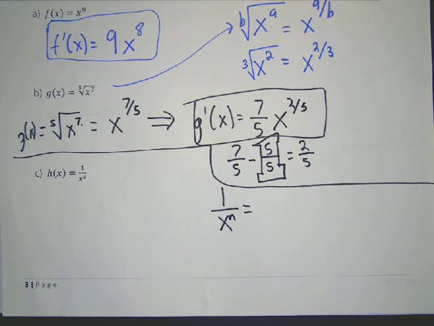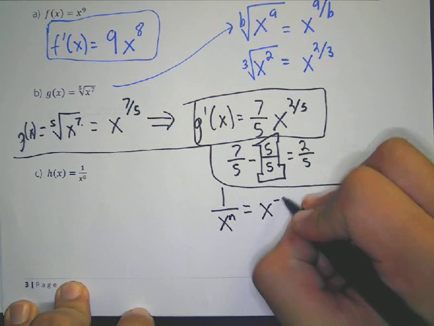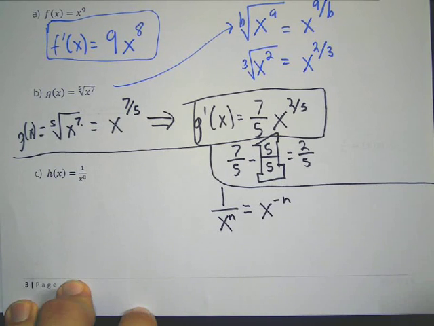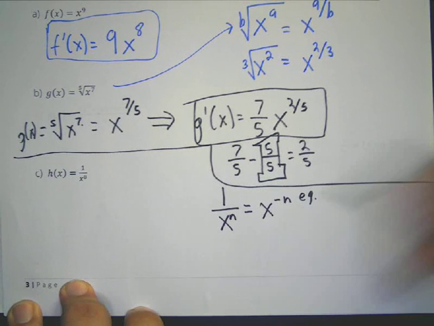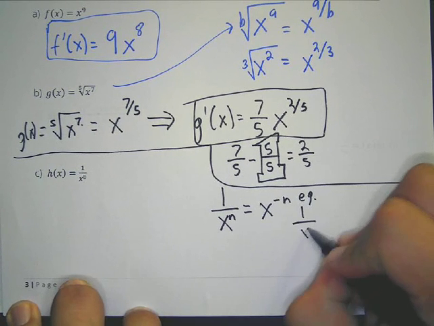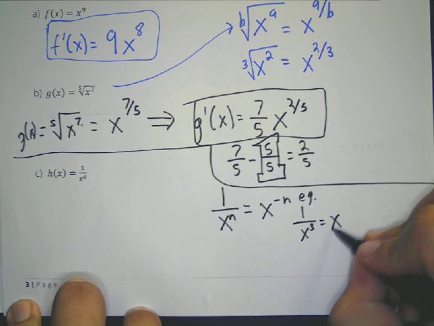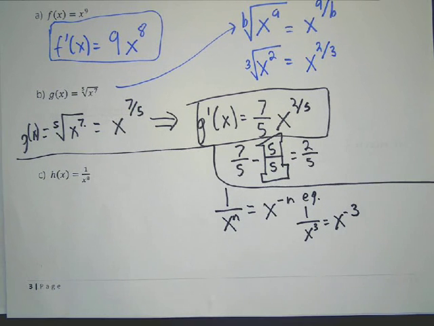What other kind of numbers do we know about? Negative numbers, right? So 1 over x to the n you could rewrite as x to the negative n. So again, 1 over x to the 3rd is the same thing as x to the negative 3 power. This is just an old rule from algebra.